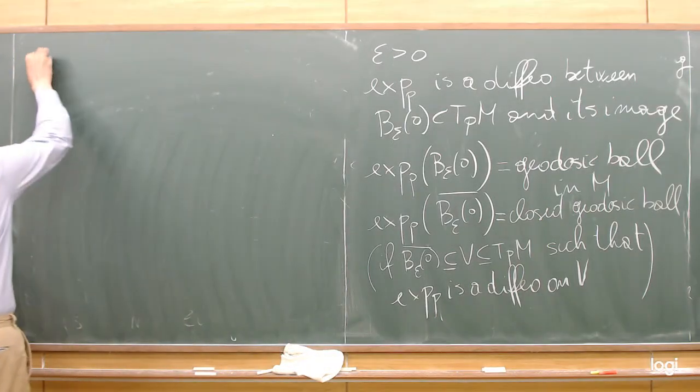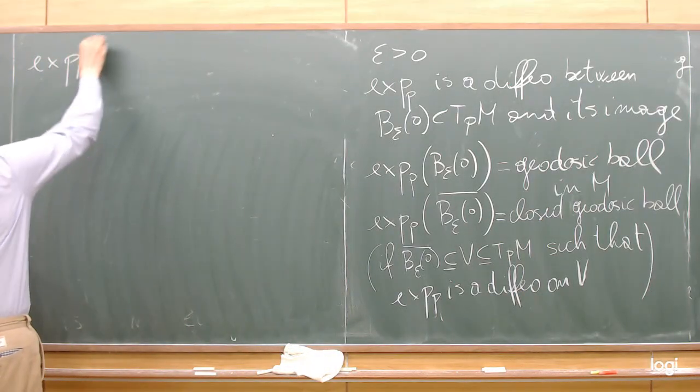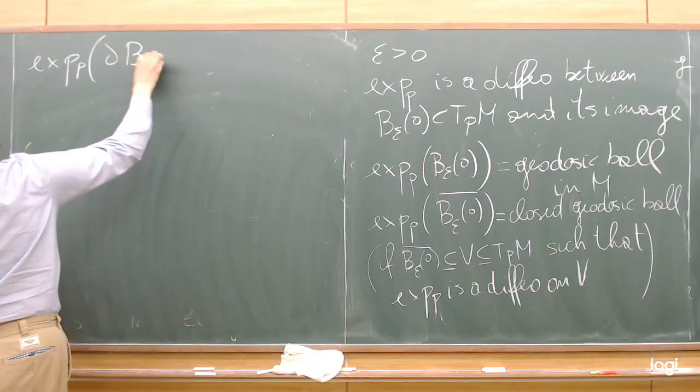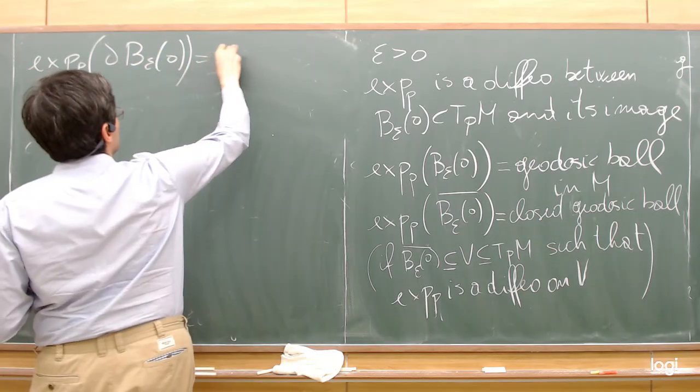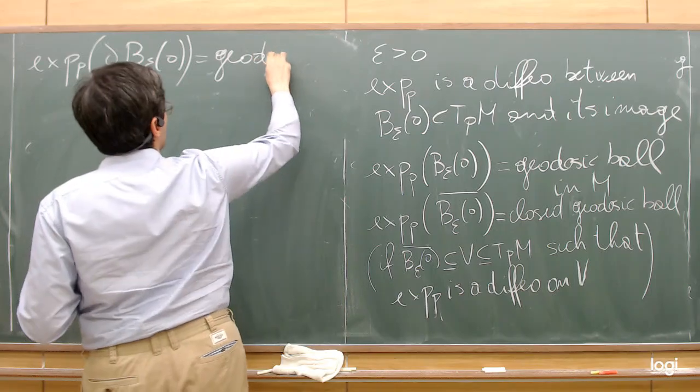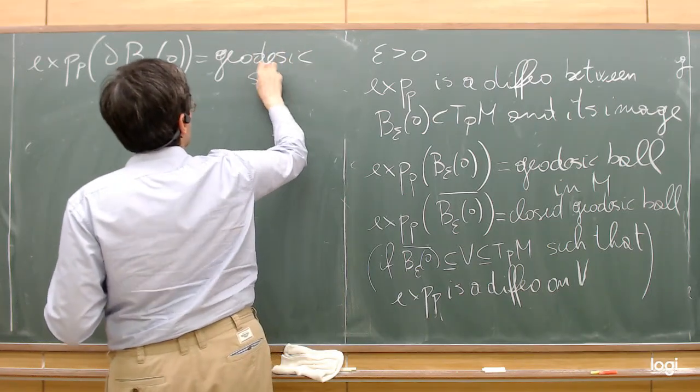And the exp of the boundary of this ball is what we call a geodesic sphere.